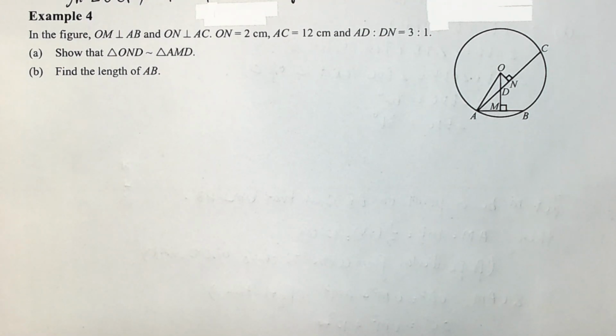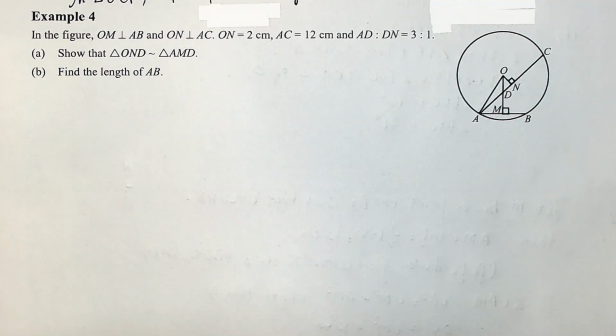Now to do so, you need to recall which reference you want to use. We have 3 references to conclude a pair of similar triangles. One is the 3A, one is the 3 sides proportional, and the remaining one is the ratio of 2 sides, included angle.